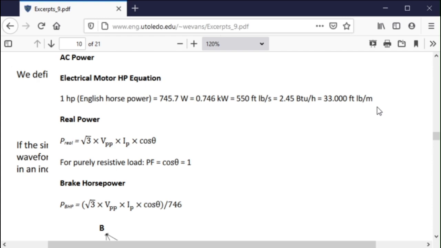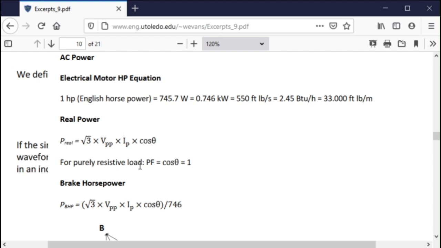These are basically equations that we just need to tuck away and remember, and if you ever want to use them, you can. The problems at the end of this chapter are very simple because they just use these. One English horsepower is 745.7 watts, or 0.746 kilowatts.